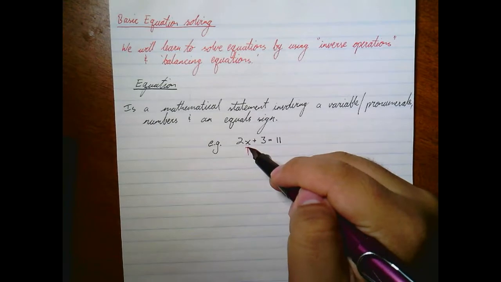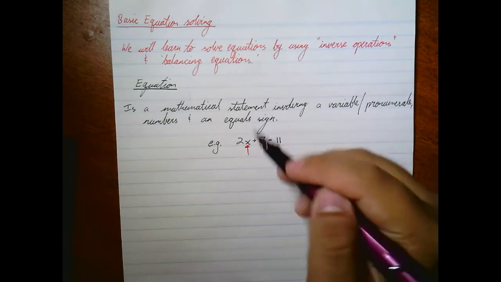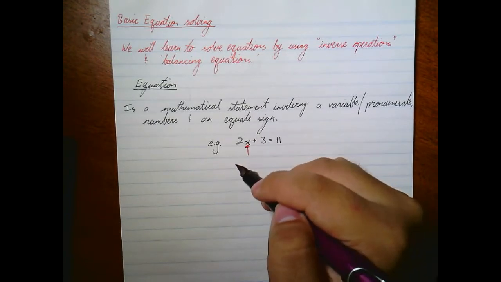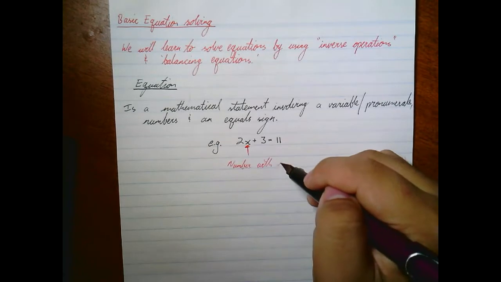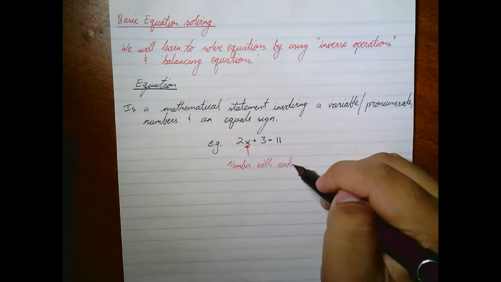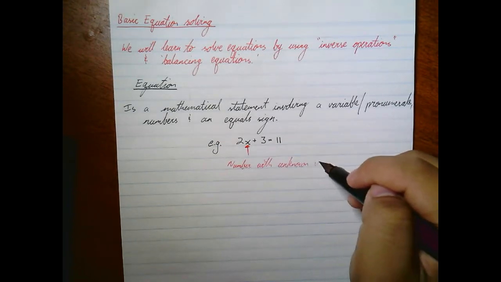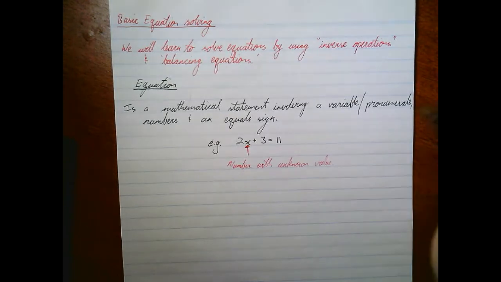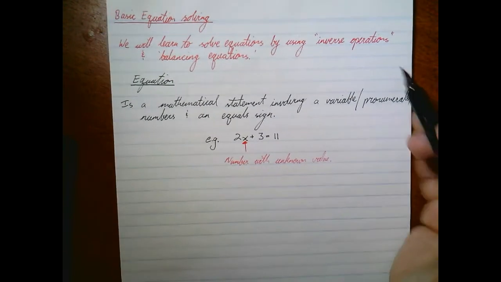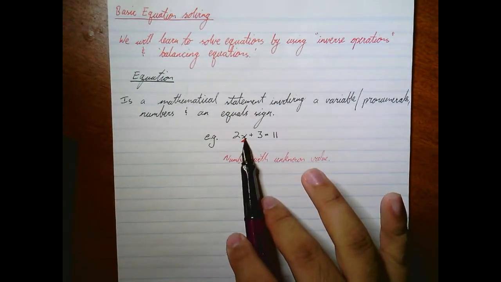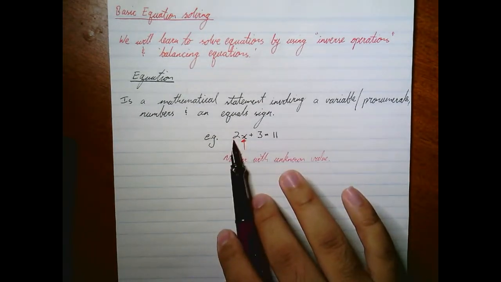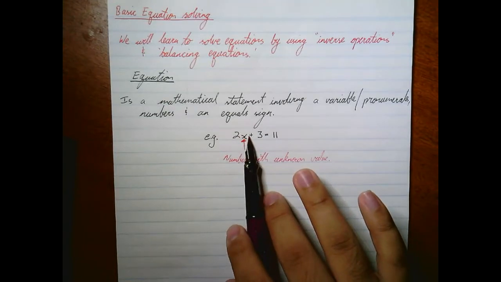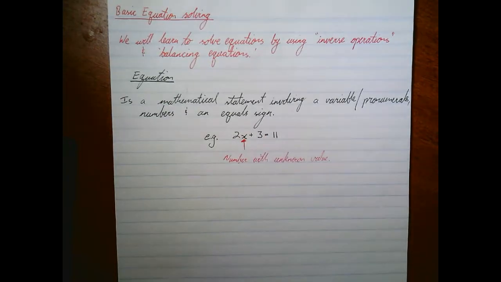So I'm going to draw a little arrow here. This is a number with unknown value. We don't know the value of this letter here. So this can be read as 2 times something plus 3 equals 11.